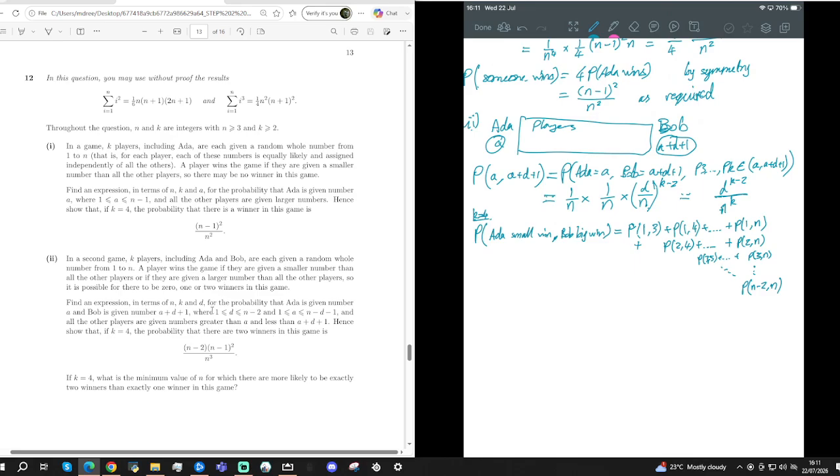And I keep going back in my mind to these conditions that the question gave us here. They're actually giving us exactly the summations that are needed. These are all the possible values of A and Bob's value that give it all in. The D could be as large as n minus 2, so this thing is as large as n, which is indeed true, and A can go up to n minus 2 with D being 1.